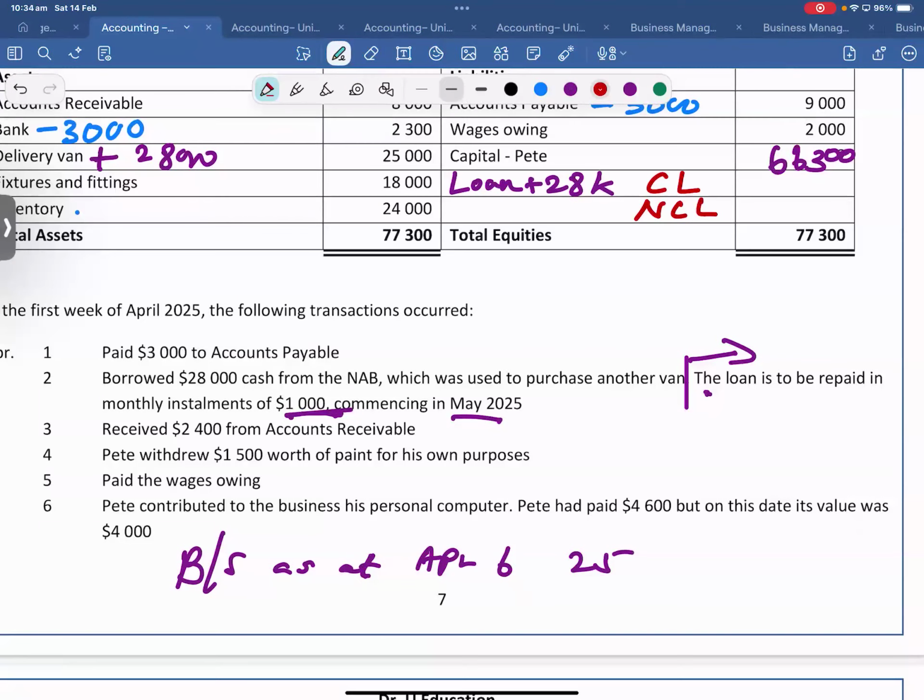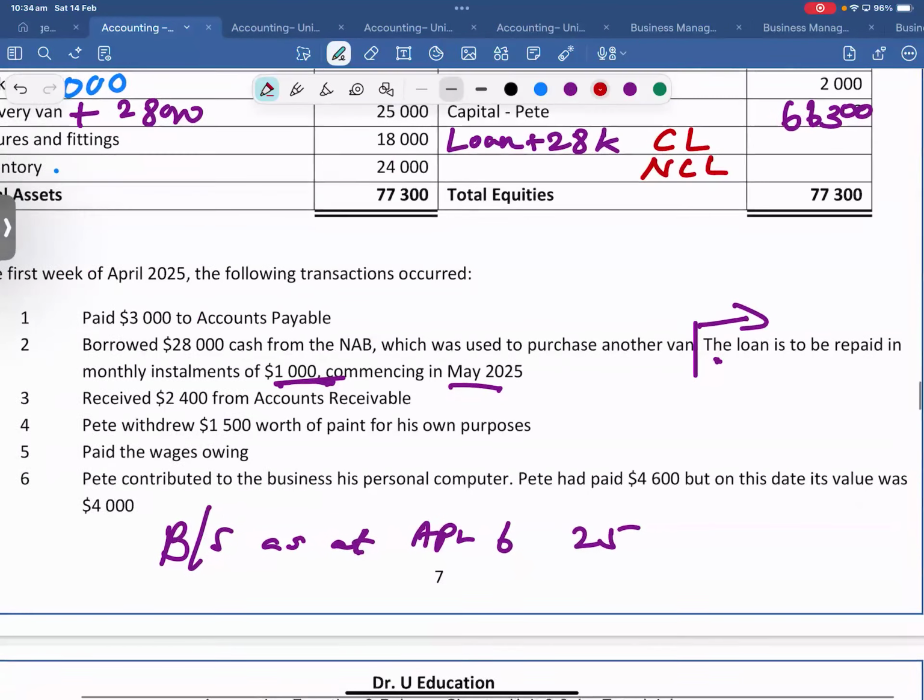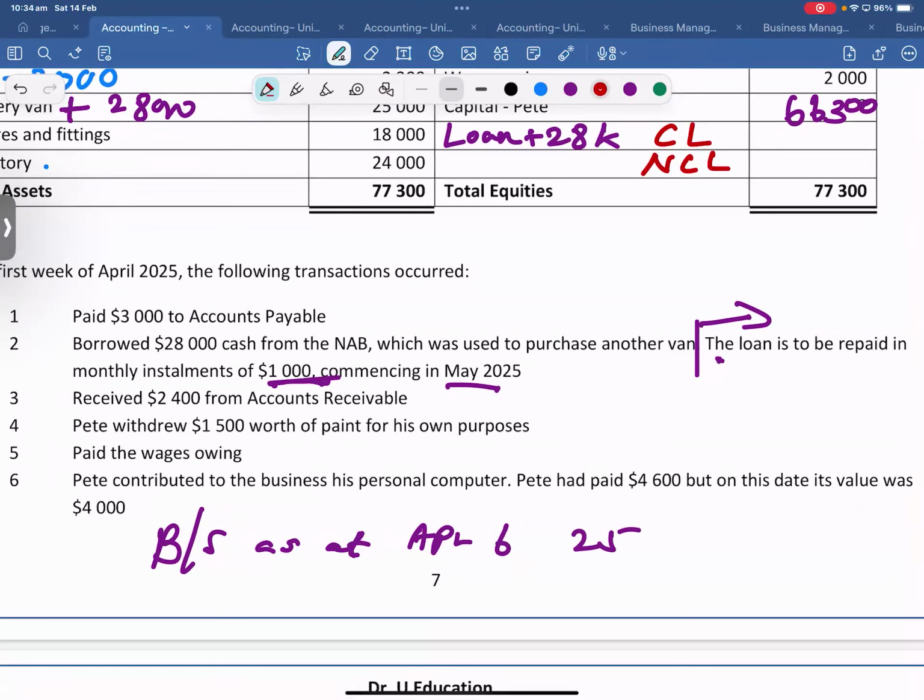You do 7,000, because May, June. 8,000. How did you get 8,000? Because it starts in May. It starts in May and finishing? Oh, no, it goes to May again. Very good.